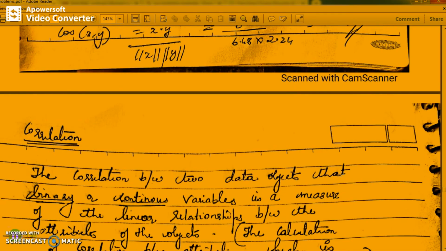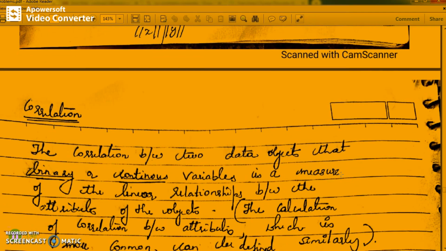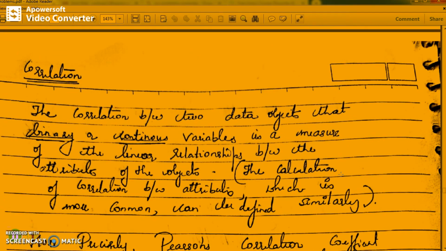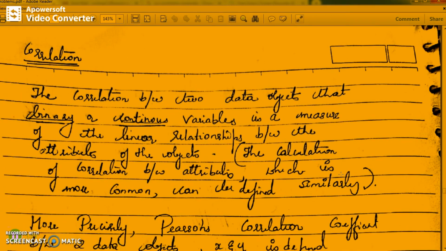Now we'll go to the next type of similarity calculation, that is correlation. Now we'll see what is correlation. The general meaning of correlation means what? Some relationship between the two objects, right? So now when you say correlation, the two objects may be binary objects or it may be continuous, non-binary objects.